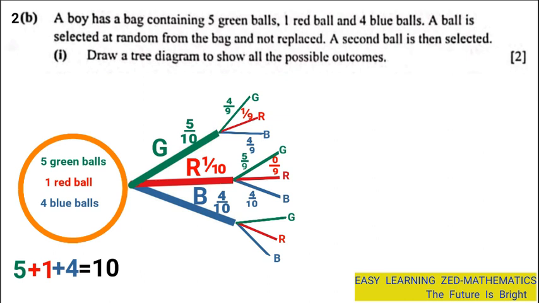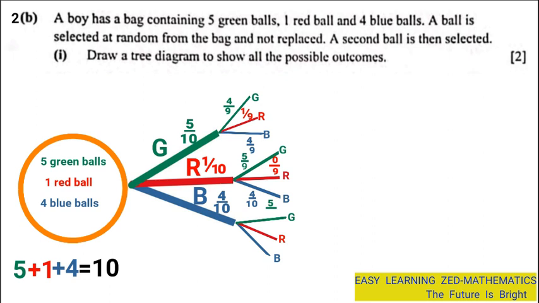That means in the bag there were only 9 balls. So the number of green balls will be the same, which is 5. It will be 5 over, now since one ball was picked out and wasn't put back, that means the balls that remained in the bag are 9, so it will be 5 over 9.